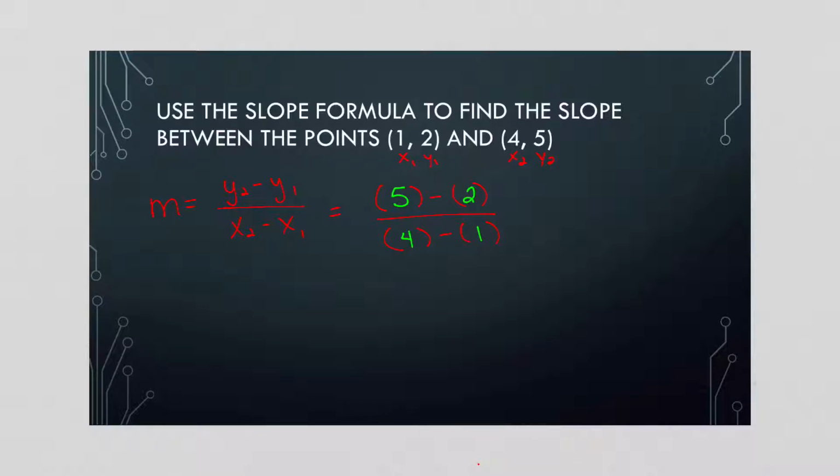Now just do the math. 5 minus 2 is 3, 4 minus 1 is 3, and this answer, although a great answer, you always need to reduce. So you would tell me that the slope is 1. Always reduce your fractions.